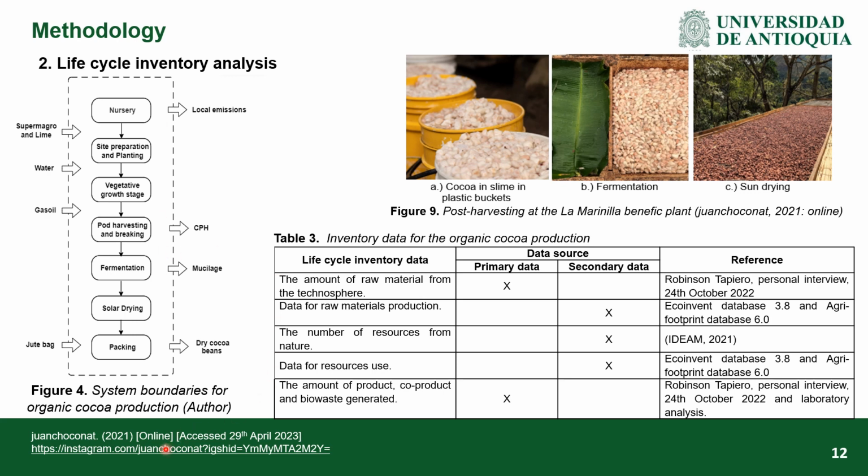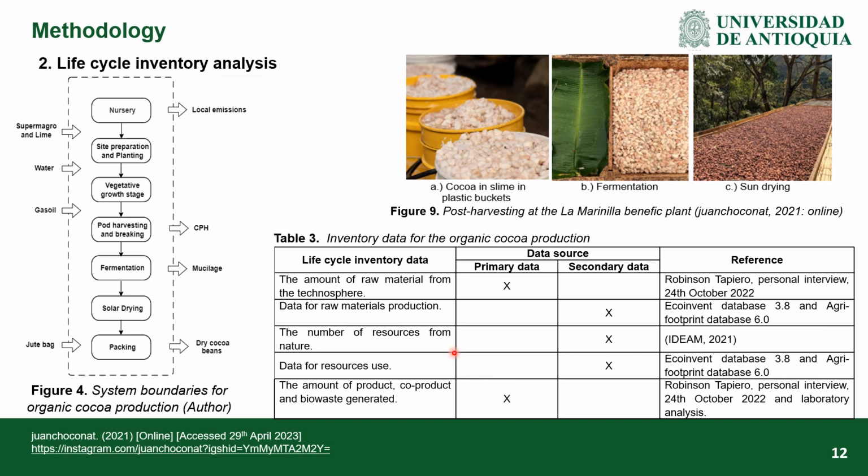For the organic cocoa production, the data correspond to the amount of raw material from the technosphere. This was primary data taken from Robinson Tapiero, the association leader. The data for raw material production was secondary data taken from a database.